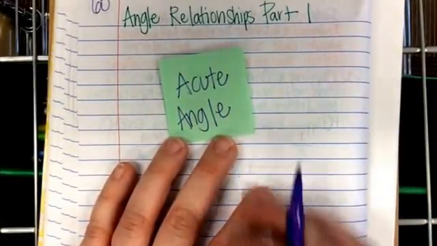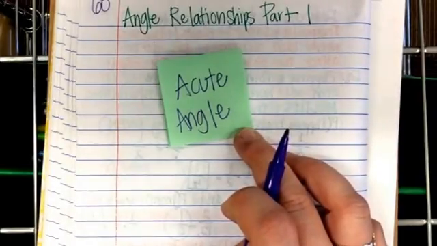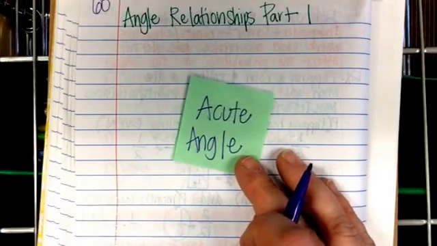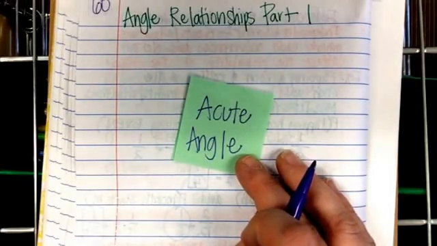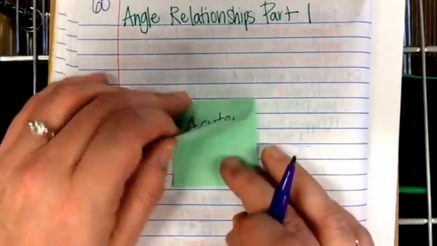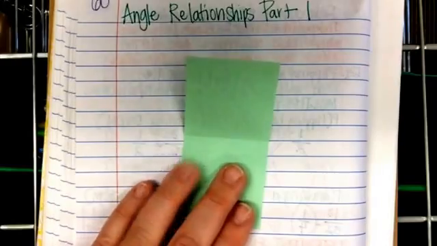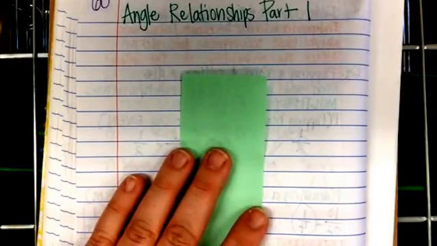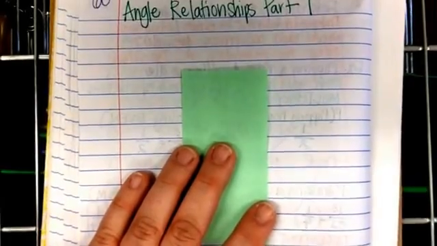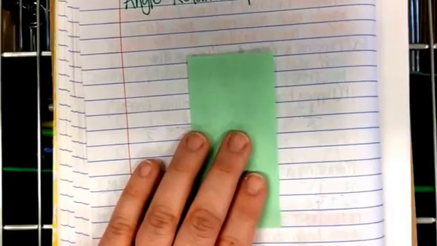Acute angle. Then I flip it open. What's the definition of an acute angle, Olivia? Okay. She says an angle less than 90 degrees. It's less than 90, but it's more than what?